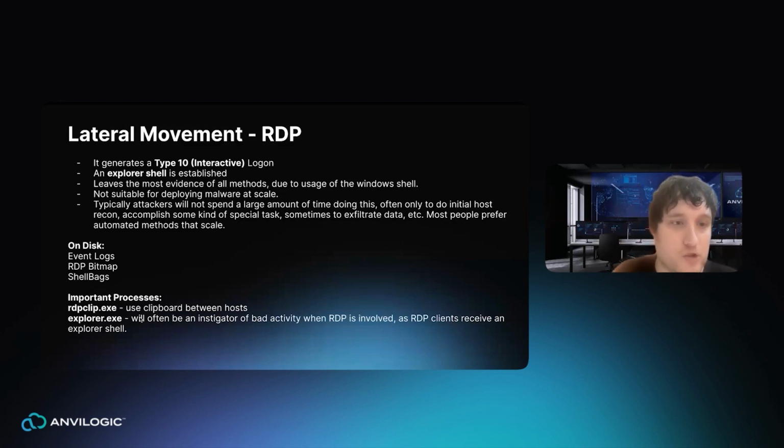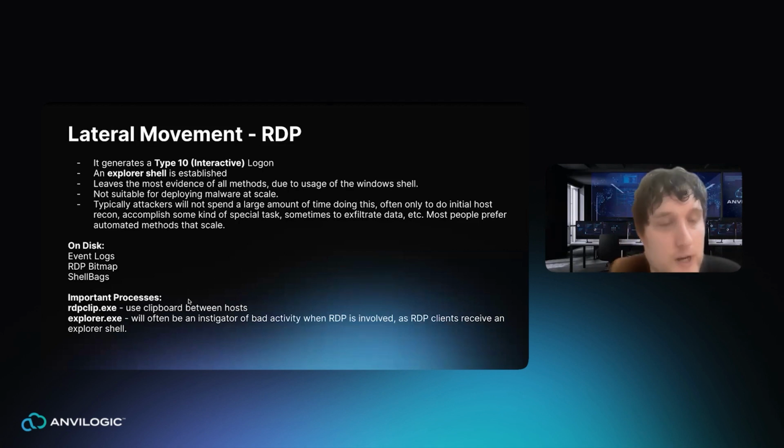So process-wise, RDP is also noisy. If somebody logs into a machine using RDP and starts doing bad stuff, the process that will be the parent process of all the bad stuff will be explorer.exe because RDP gives you that Explorer shell, and that is the shell with which you interact with the OS. So you'll see explorer.exe doing bad stuff.